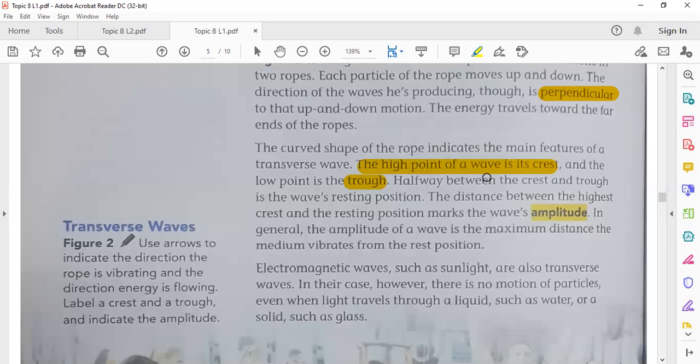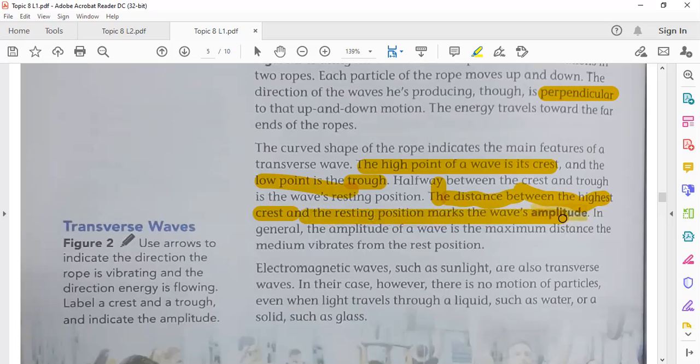So the high point of a wave is its crest, and the lowest point is the trough. Halfway between the crest and the trough is the resting position. The distance between the highest crest and the resting position marks the wave's amplitude.